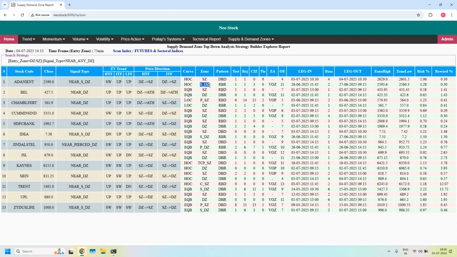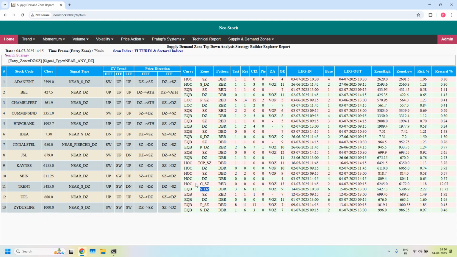And Adani Enterprises is having 75 minutes high liquidity demand zone. Idea is having 75 minutes high liquidity demand zone. Trent is having 75 minutes high liquidity demand zone.